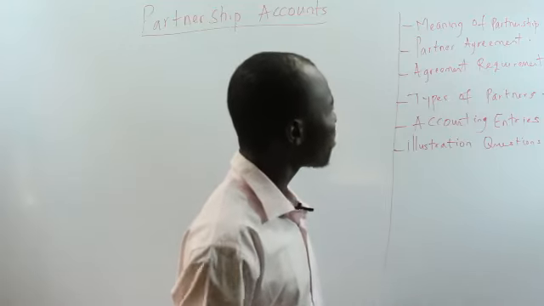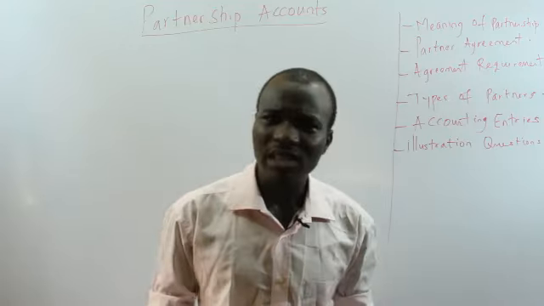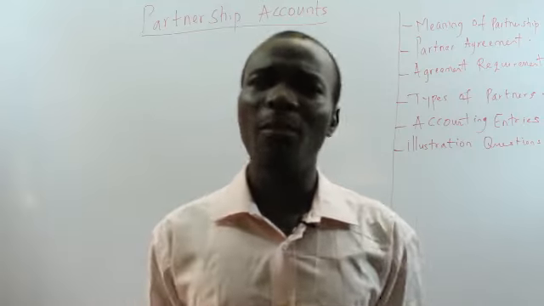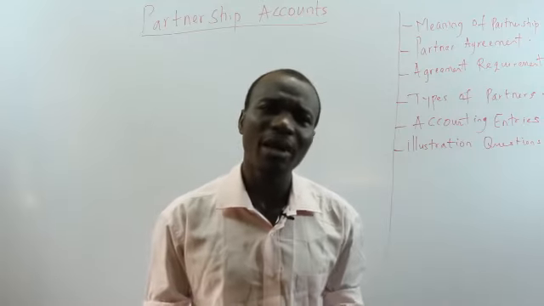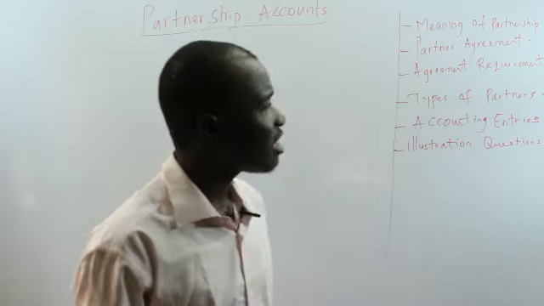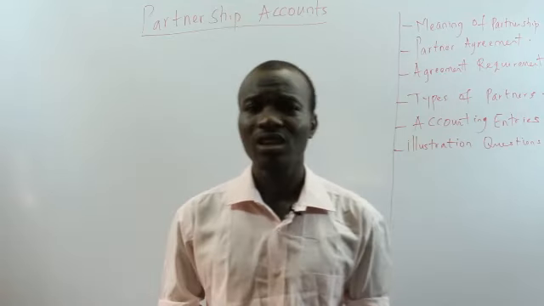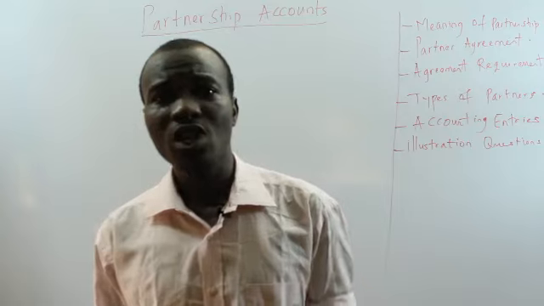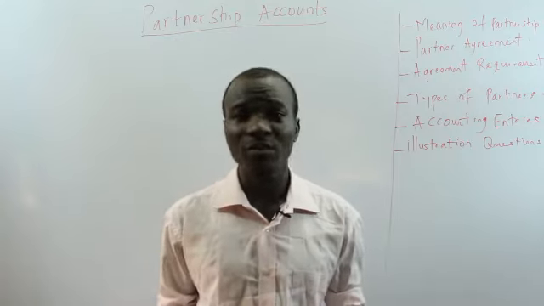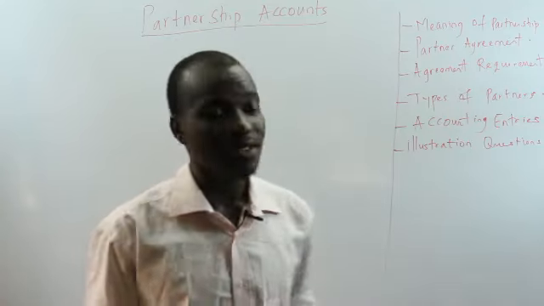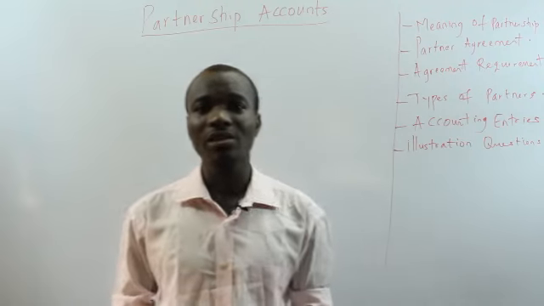So the next thing we have is the agreement requirement. If there is an agreement among partners, what form of requirement is it going to have? Number one is the ratio in which the profit of the business is to be shared. There will be a certain ratio in which the partners are going to share the profit of the business. Now the next thing is interest on capital.